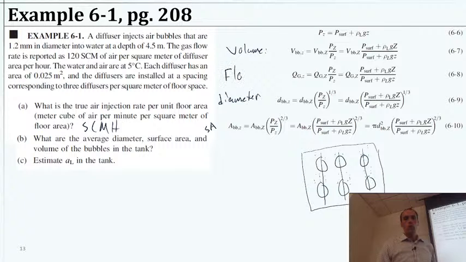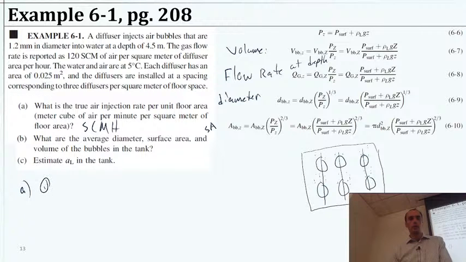So here, and I should have highlighted this for you, essentially we're going to use this equation to account for our 4.5 meters deep that we have, right? And apply that to solve A.